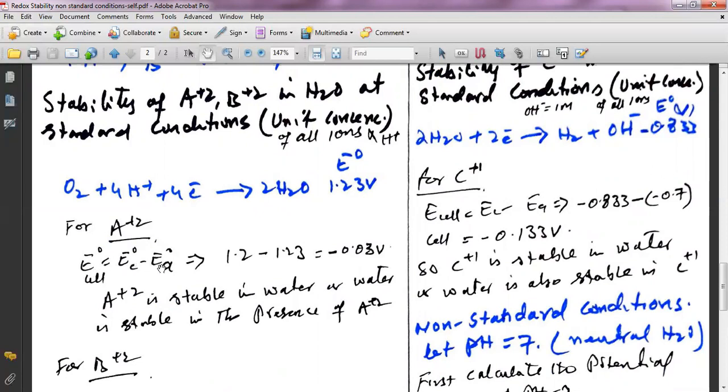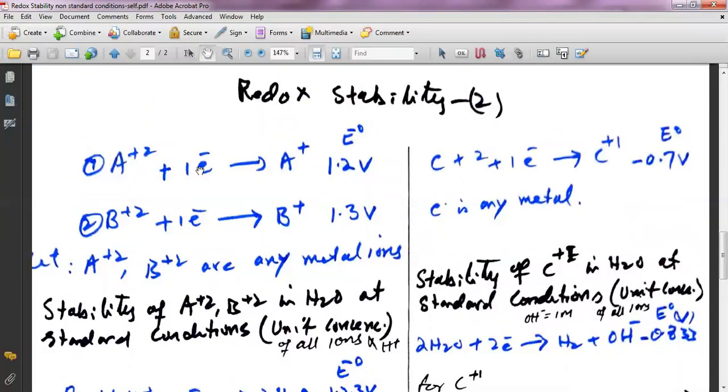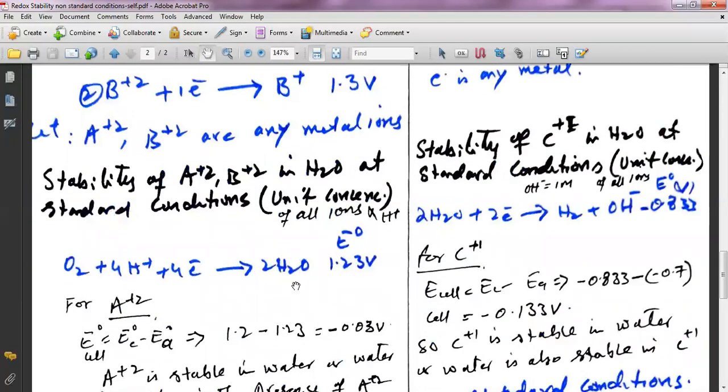A simple way is to calculate the cell potential, which is the cathode minus the anode. Cathode is, in case of the water, 1.23. And this half cell, as we have already discussed before, you should take at the anode.